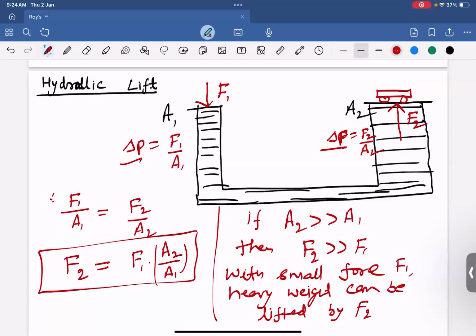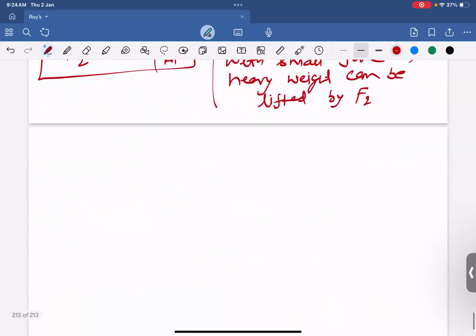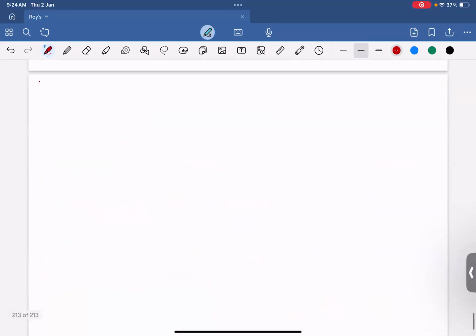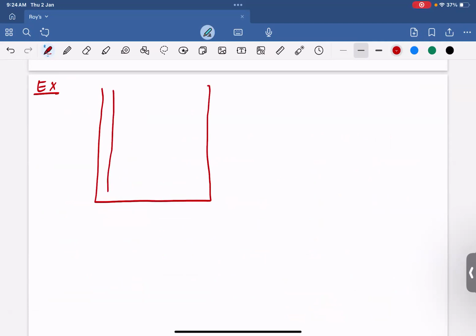So a hydraulic lift can be considered as an application of Pascal's law. Now let's discuss one example based on this pressure concept that we have discussed. Say I have a tube like this, and I make some plug here.